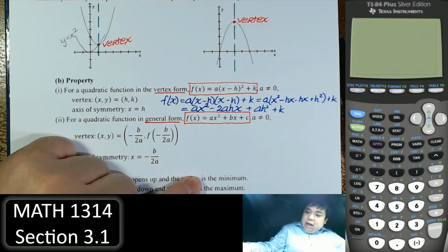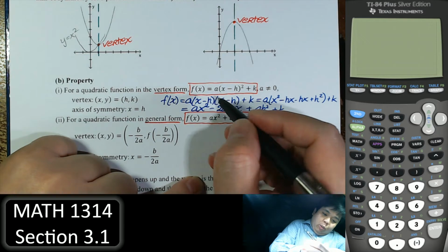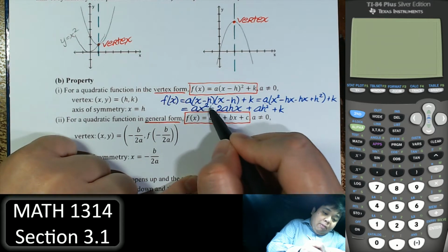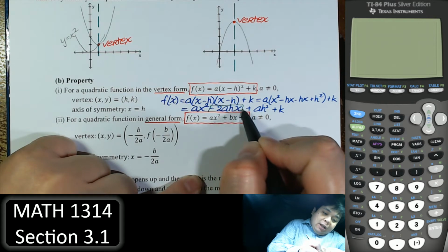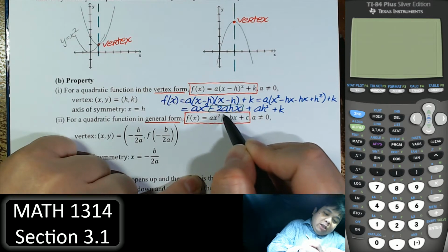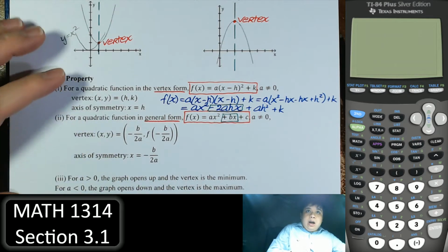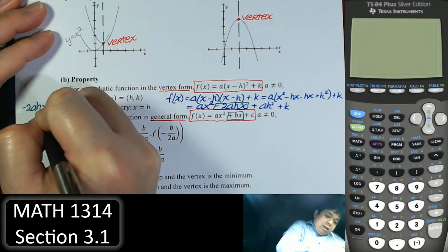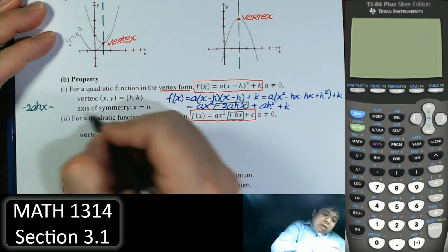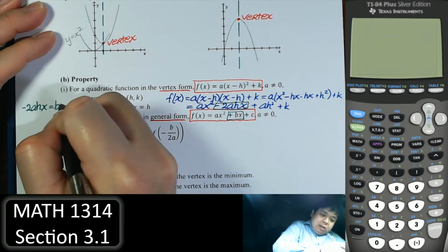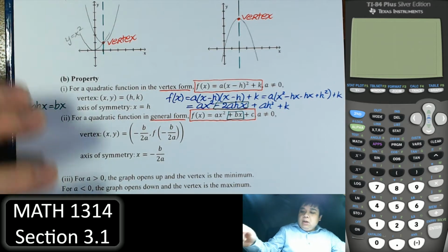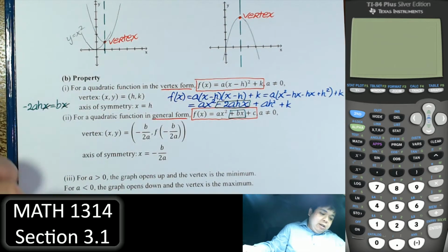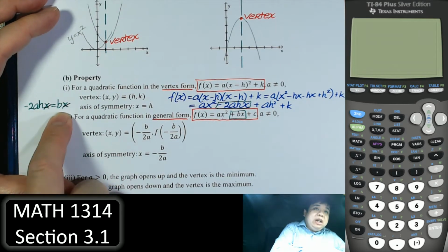What we do now is match the terms. The ax squared terms match, and this term matches with this term. So we have negative 2ah x equal to bx. If we cancel the x on both sides, we have negative 2ah equal to b.